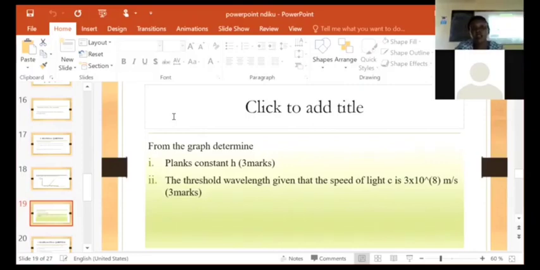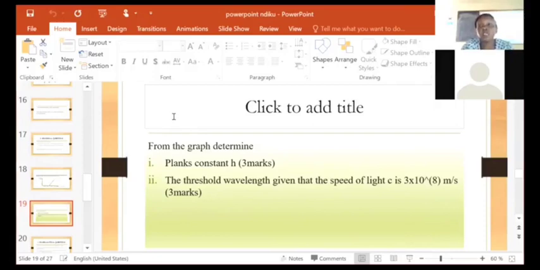We make kinetic energy the subject of the formula, so that we can compare it with our equation. So kinetic energy equals hf over e minus hf naught over e, the work function over e. The graph is plotted of kinetic energy against frequency, so the gradient is h over e.